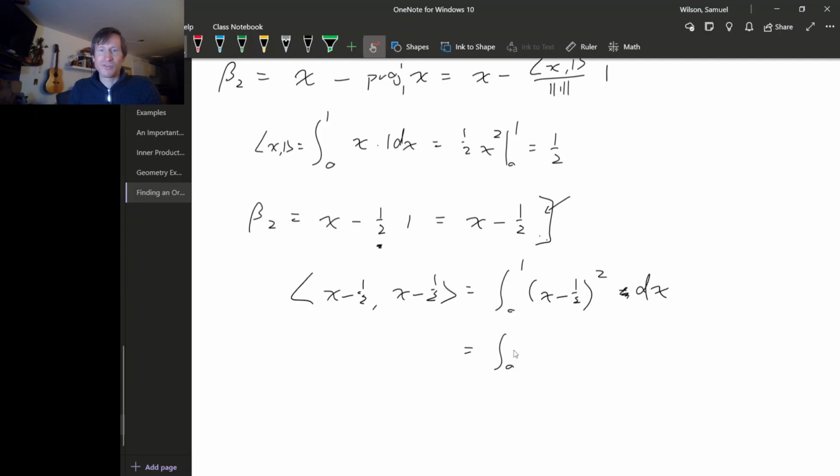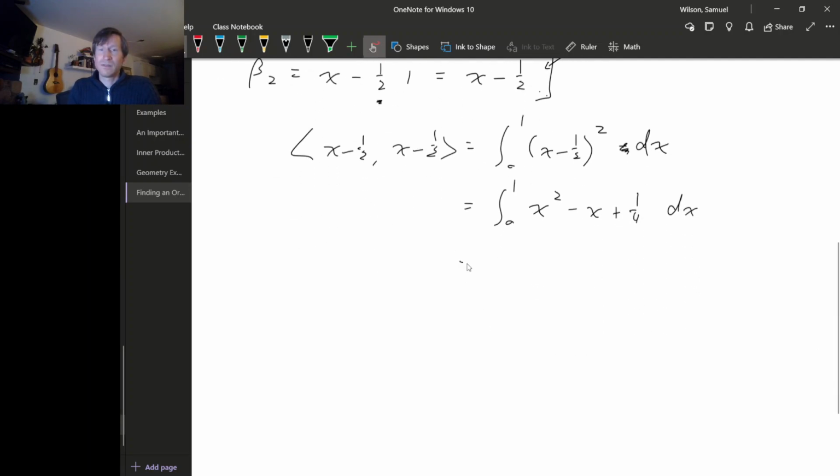That's the integral from 0 to 1 of x squared minus x plus a quarter, which is 1/3 x cubed minus 1/2 x squared plus 1/4 x. Evaluating at 0 and 1, we get 1/3 minus a half plus a quarter.